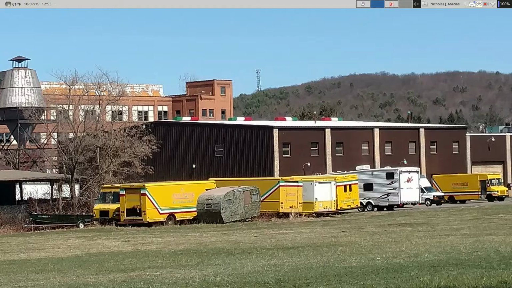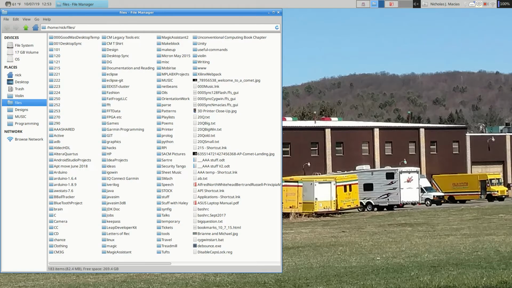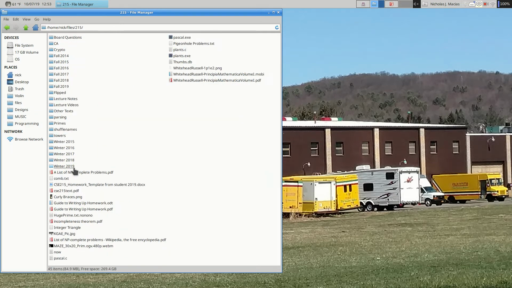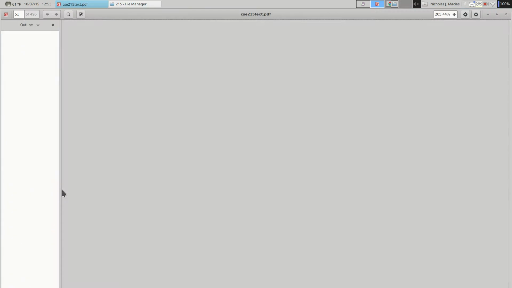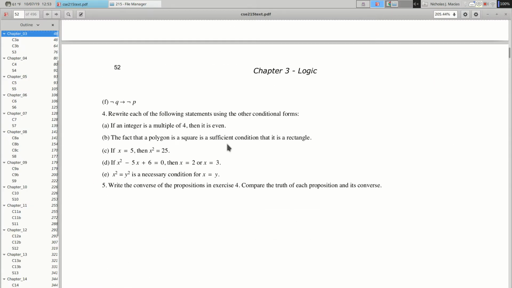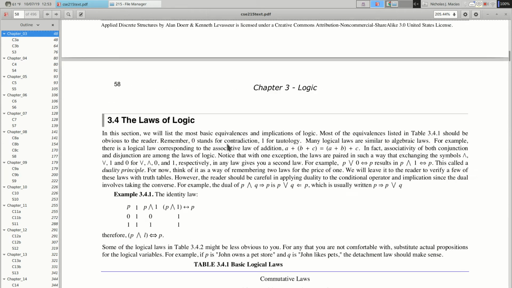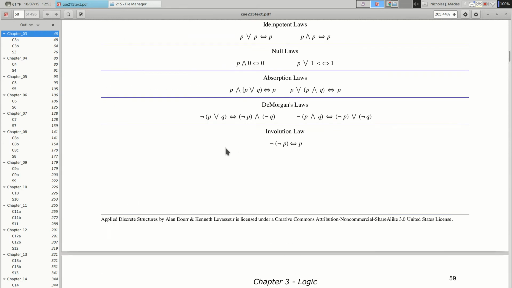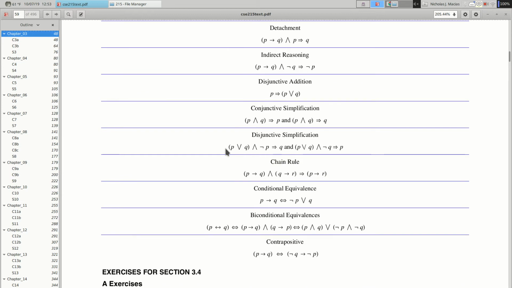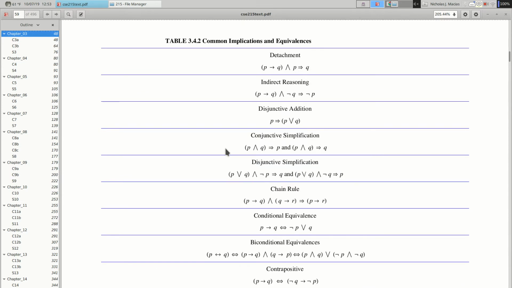And so if you look in your text around page 58, you'll see a list of rules of inference. So common implications and equivalence. So this first statement we've been working with is called detachment. Okay, it's also called modus ponens, but we can call it detachment.